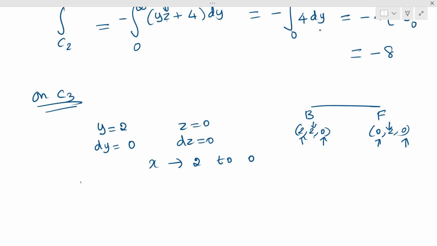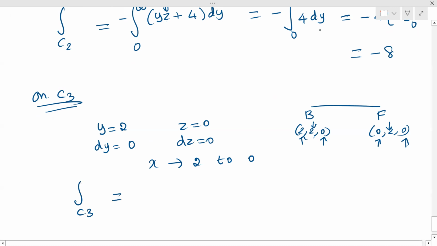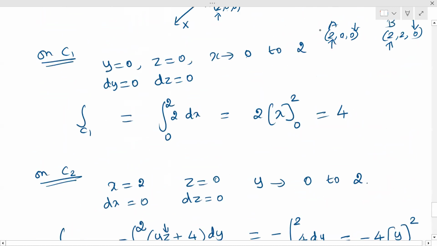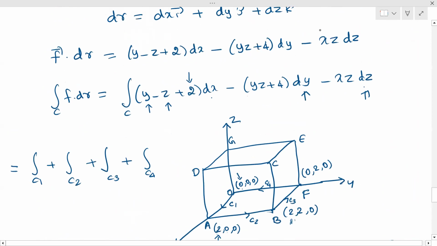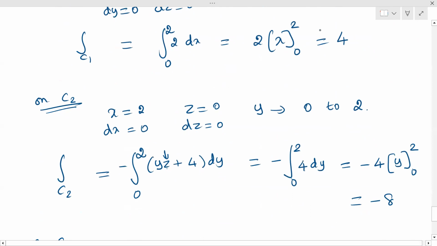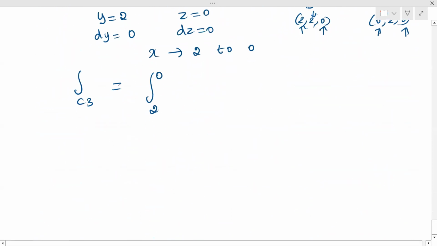So the integral over C3, X varies from 2 to 0. Since dy and dz are 0, we are having only the first component, x component, y minus z plus 2 dx.